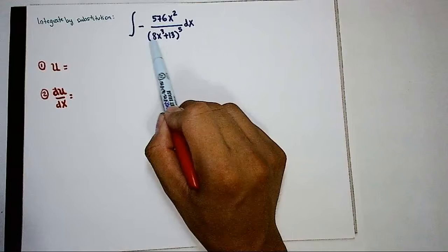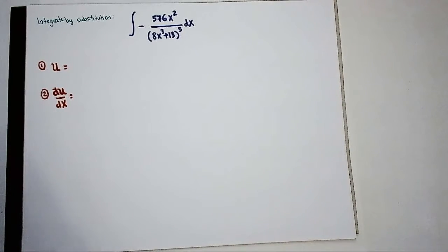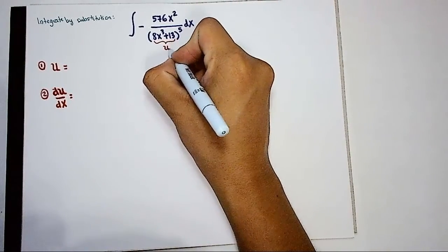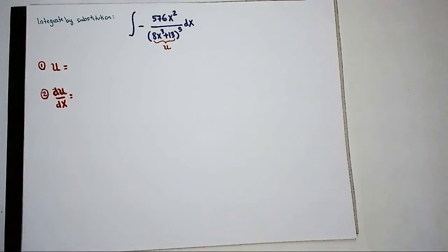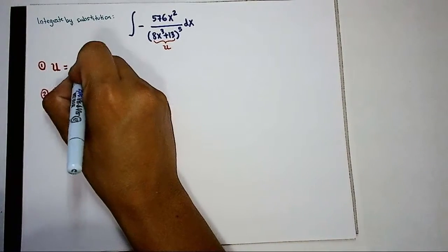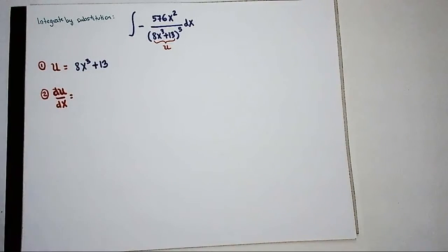Therefore, this one is the most complex. And because this is the most complex, it would be recommended to consider this inner function as u. Therefore, our u is 8x to the third plus 13.